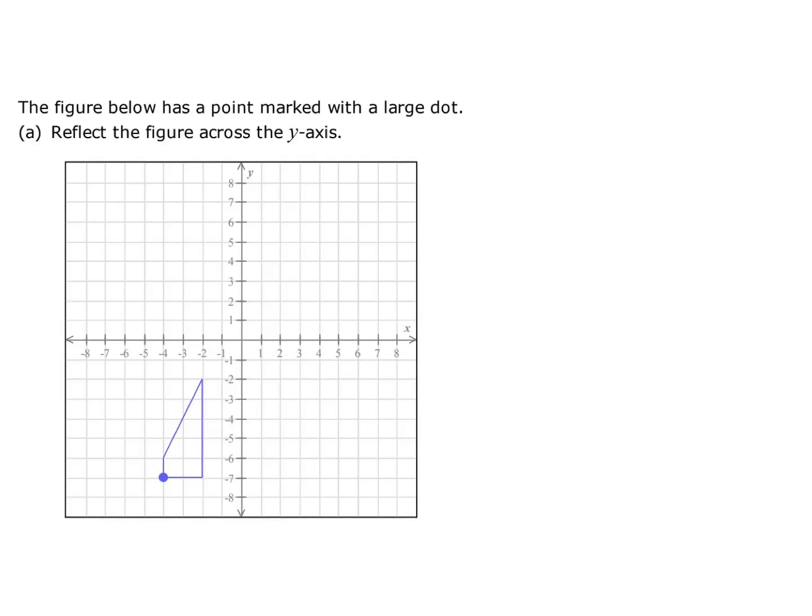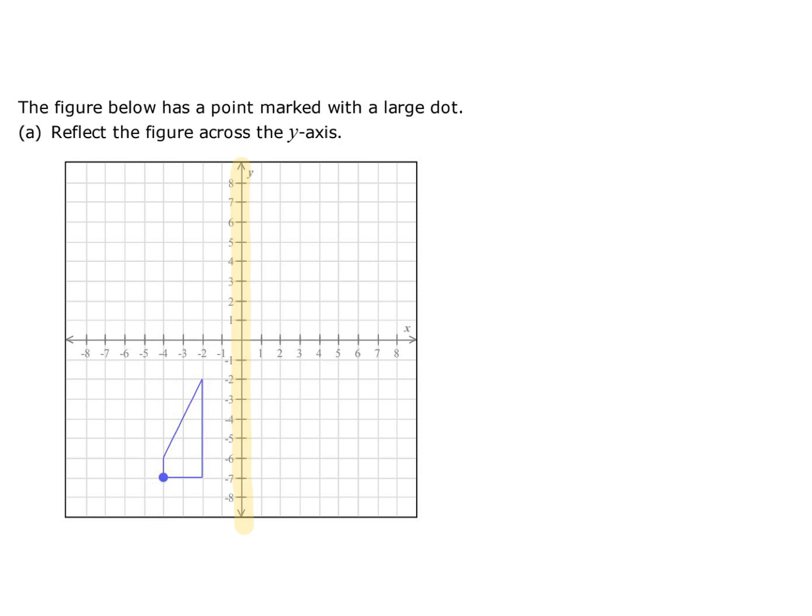Last, we're going to reflect this entire figure over a line of reflection. And it's going to be reflect the figure across the y-axis. First thing I'm going to do is highlight my y-axis. So I can imagine folding the paper along that line and making a mirror image of each point on this figure. I like to start with the point that's very bold here.